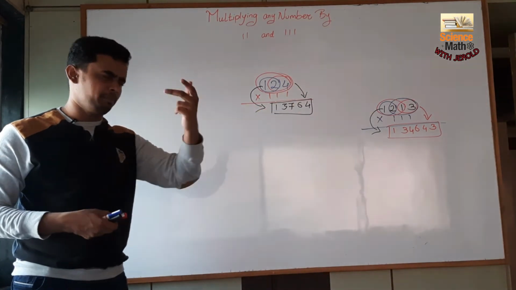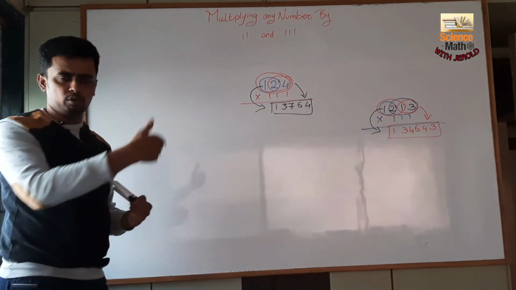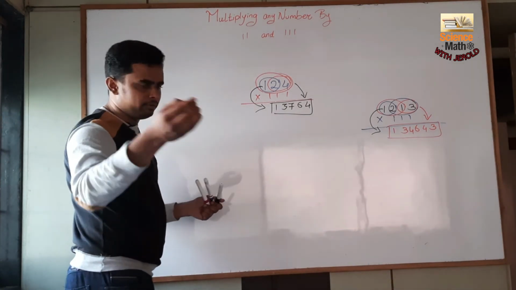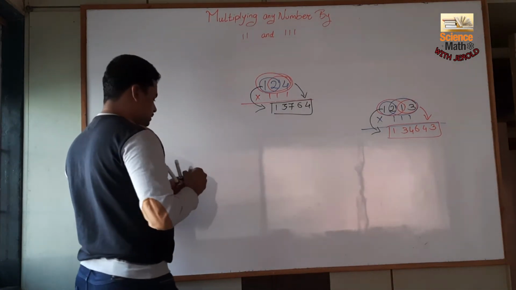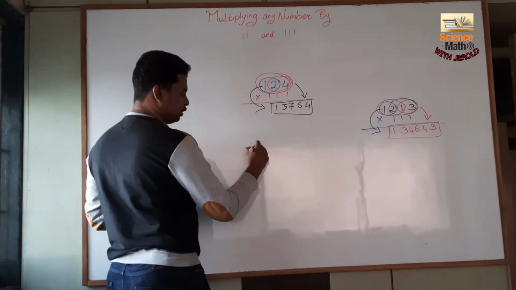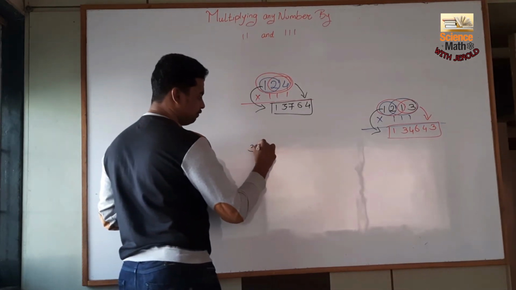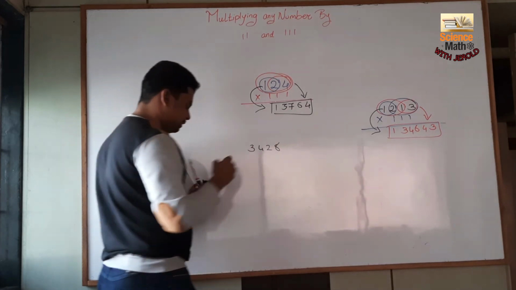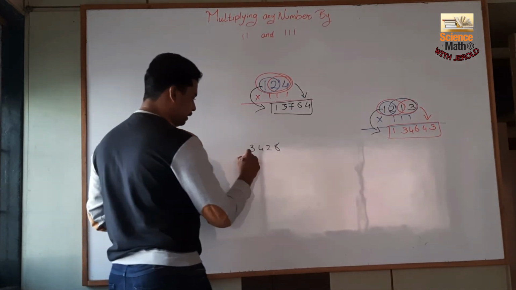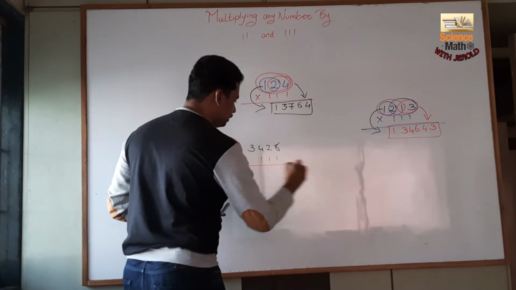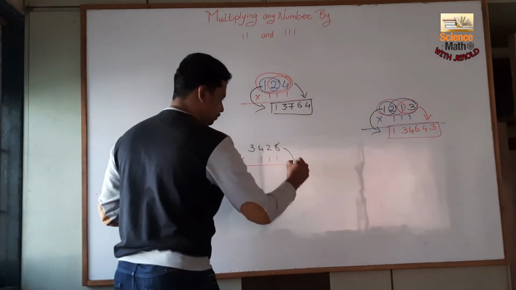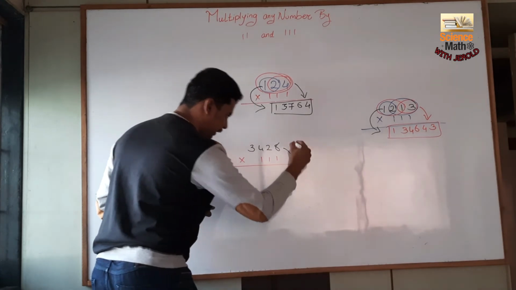Now let us see bigger numbers. 1, 2, 1, 3 were smaller numbers. A 4-digit number we'll consider with bigger digits. That is, let us see 3, 4, 2, 8. This is my new number and I will multiply it by 111. Let us see what I get. 8.